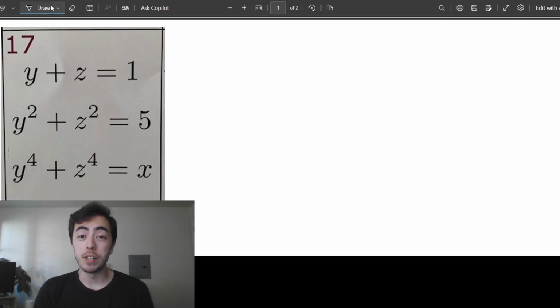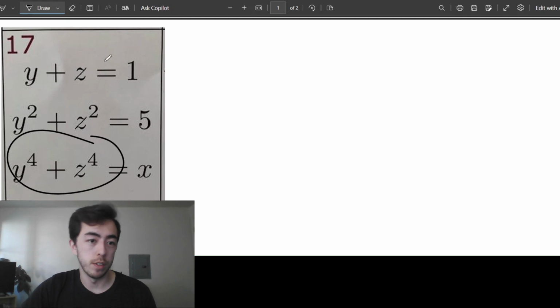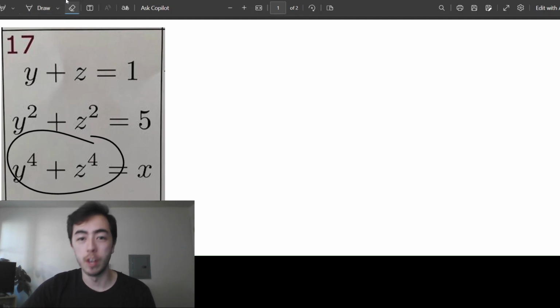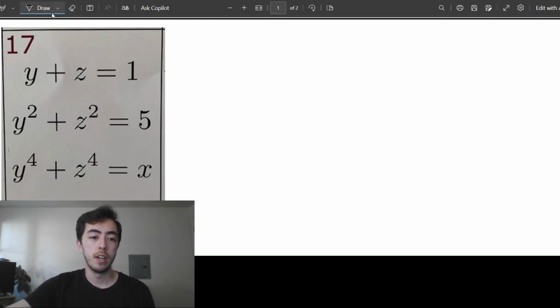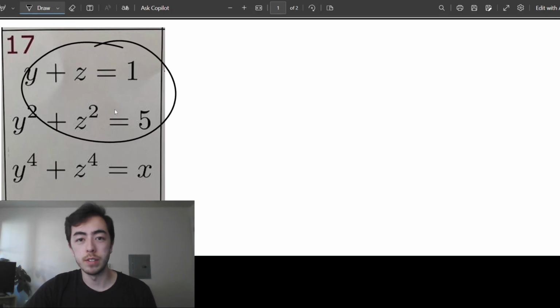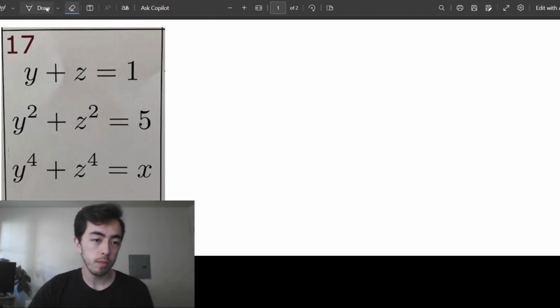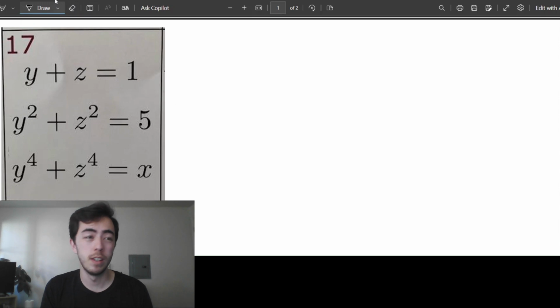My strategy for the previous problem was just to find some kind of factored expression for this last kind of sum. And then I could substitute in some of these values into that factored expression. Now, I haven't really come across a factored form of the sum of powers of 4, so I looked it up. There's something really similar.